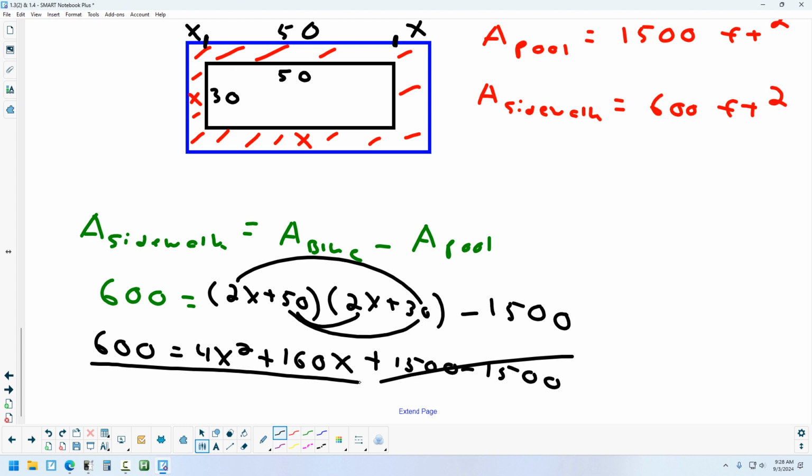Do you remember what that's called? Well, if the highest exponent was a 1, it would be linear. When the highest exponent is a 2, it's what kind of equation?